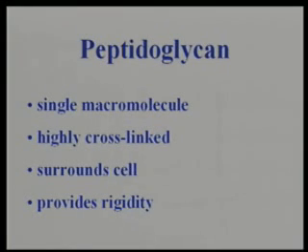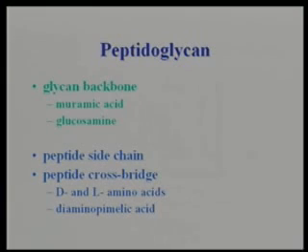It's there to provide rigidity and strength, and that's what a wall is, to keep the loose, fluid, phospholipid-containing membrane underneath from the osmotic pressure pushing outwards on it and causing it to fall apart. That's the primary function of the cell wall. There are other functions, but that's its primary function.